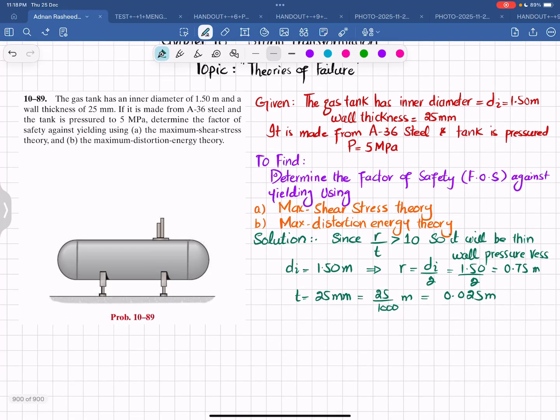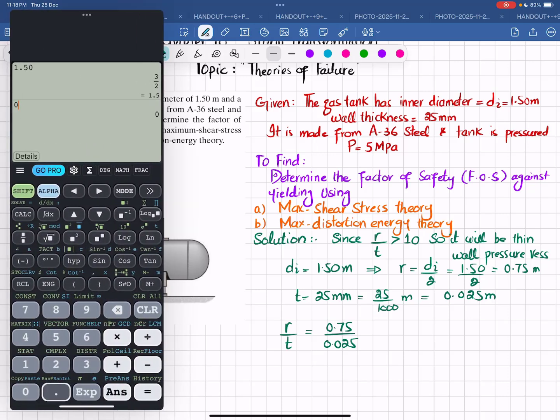Now you have both the values, so you can just find r by t. So r by t is r, 0.75, divided by t, 0.025. So I will calculate it: 0.75 divided by 0.025, and you can see that is equal to 30.